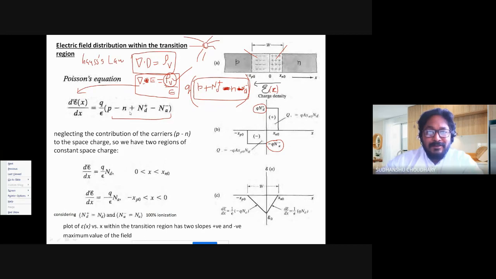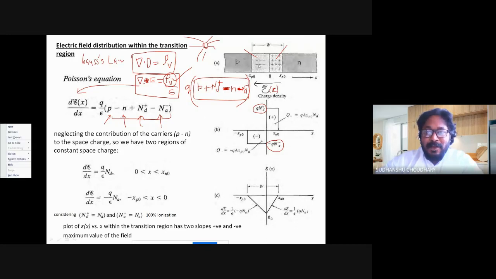Now this charge density assumes that you also have carriers, that is this P and N, which is appearing over here, right? So ND and Na, these are fine. We already have these ions in the depletion region. But these two terms, that is P and N over here, this assumes that you have carriers also in this region, which we already said that they cannot exist because of the electric field, which will sweep any carrier which comes near the transition region.